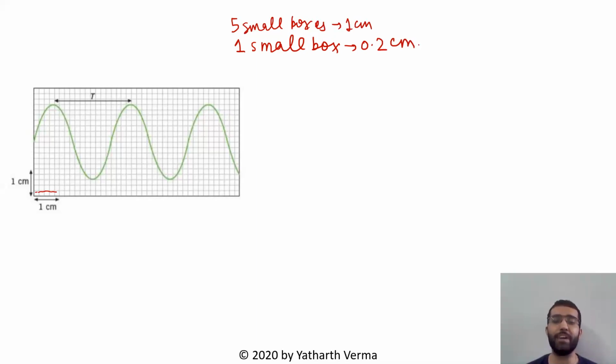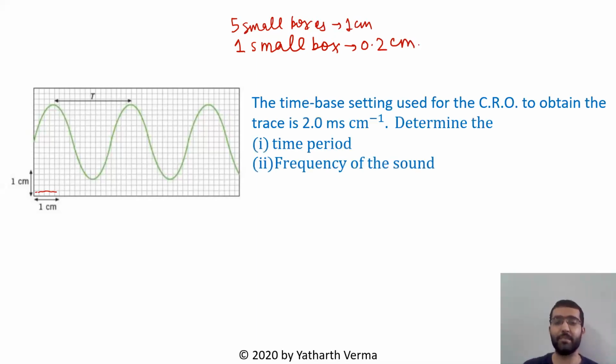Now what we have to find, see, this is an example question given to us. The time base setting for the CRO is 2 ms per centimeter, meaning 1 centimeter corresponds to 2 milliseconds, right?